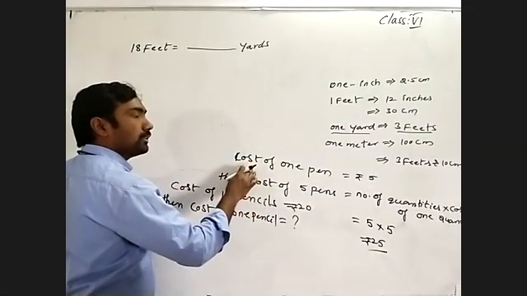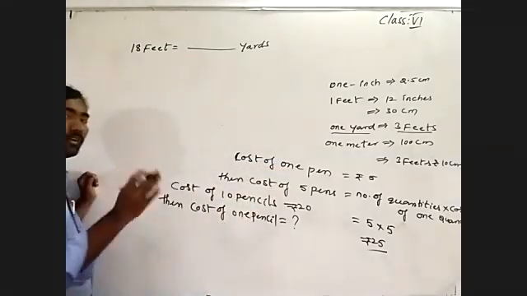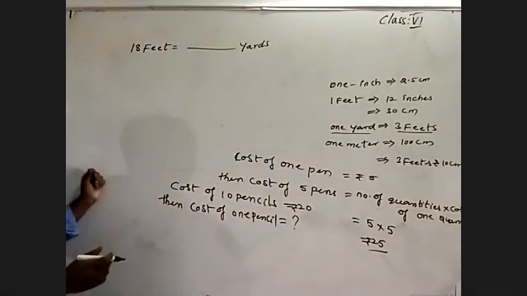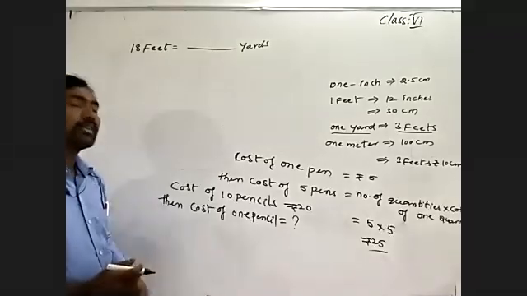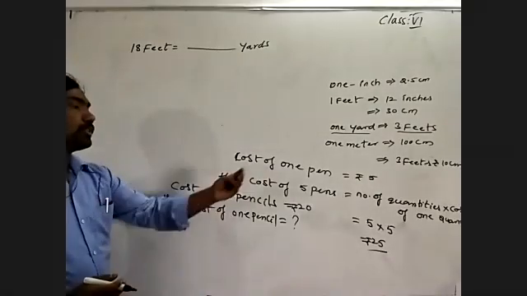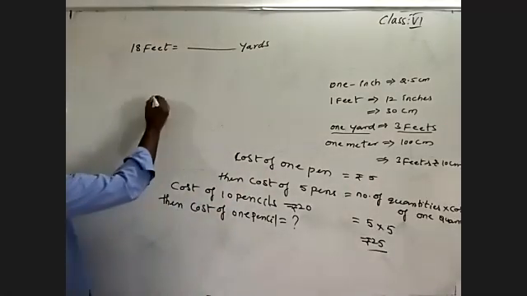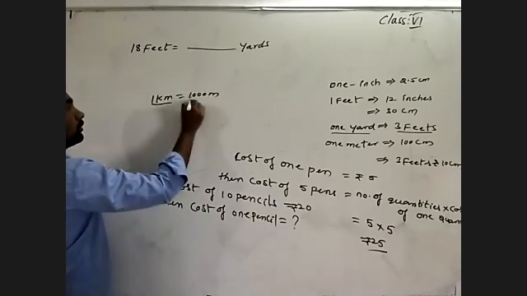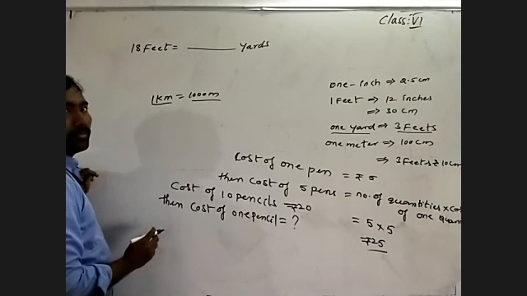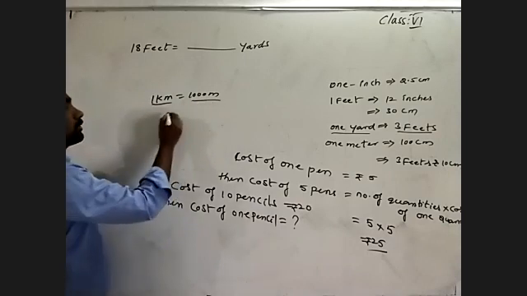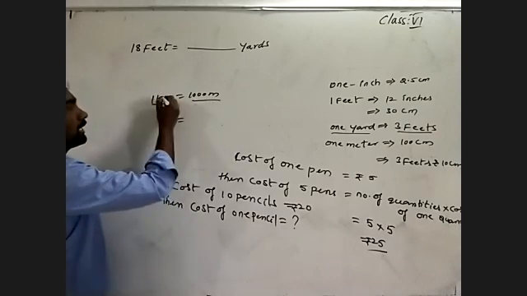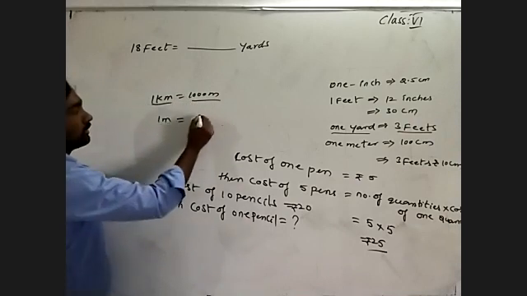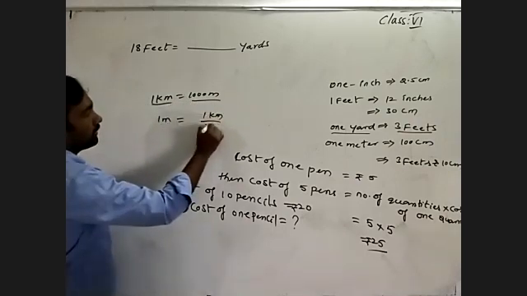Before, we found from 1 quantity to multiple quantities. Now from multiple quantities to 1 quantity, we have to go by the opposite method. Before we learned that 1 kilometer is equal to 1000 meters, multiples to submultiples. So for a single quantity, 1 meter, we have to do division. So 1 kilometer divided by 1000.